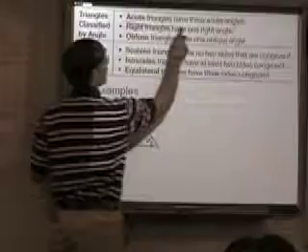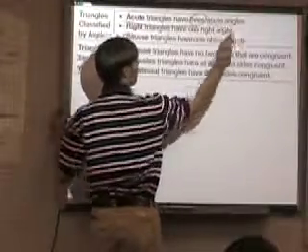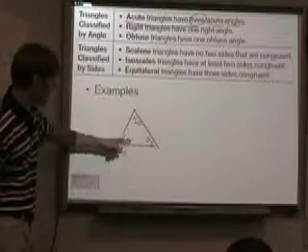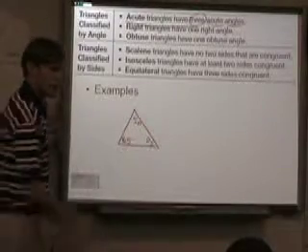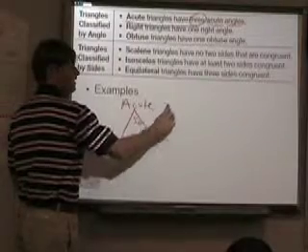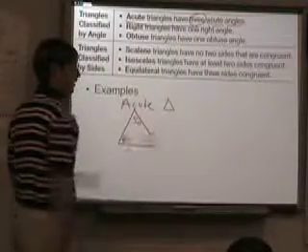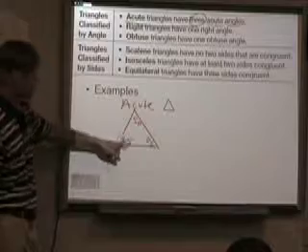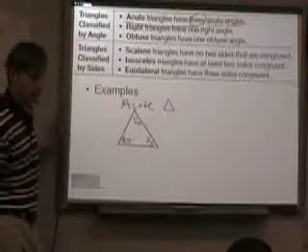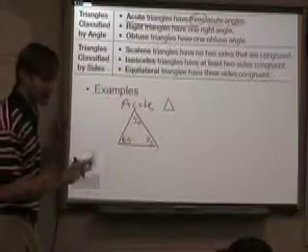An acute triangle has three acute angles. Does this have three acute angles? 1, 2, 3. So what kind of triangle is this? An acute triangle, because all three angles are less than 90.